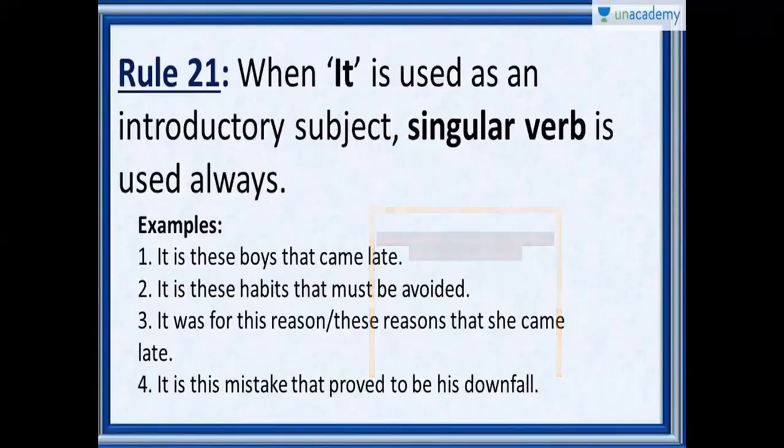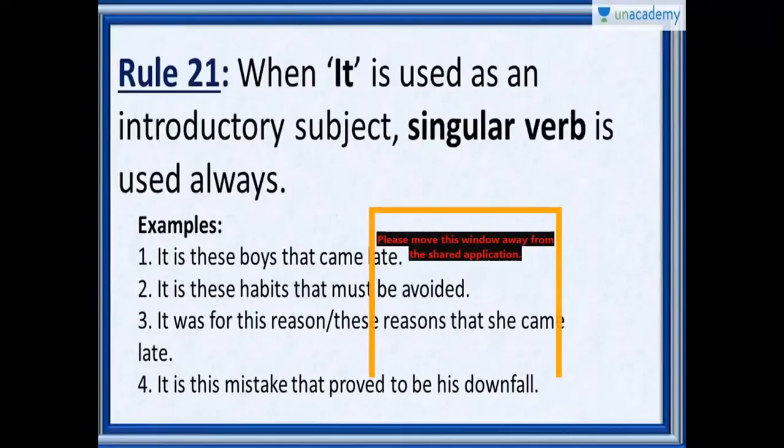It is these habits that must be avoided. It was for this reason, not it were for this reason. Okay, or these reasons that she came late. It is this mistake that proved to be his downfall. So, whenever you have the subject as it, the verb is always singular.